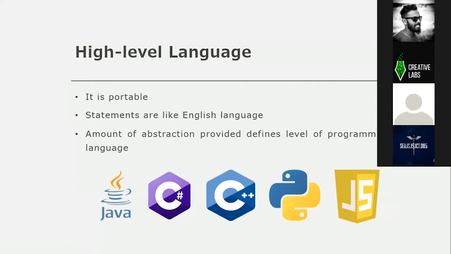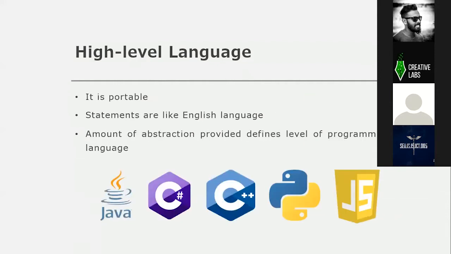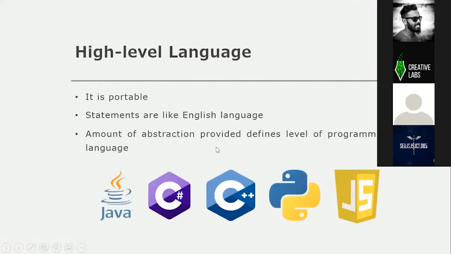Statements are more like the English language, and the amount of abstraction provided defines the level of programming languages. A person programming in a high level language does not need to worry about ones and zeros, he only cares about the code that he writes.